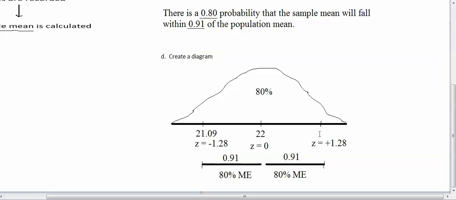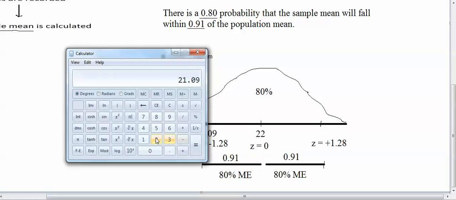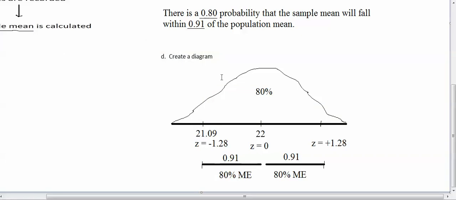Now to get this number up here, I'm going to add 22 plus 0.91. So to get these numbers, I took the population mean and subtracted the margin of error. And I took the population mean and I added the margin of error.